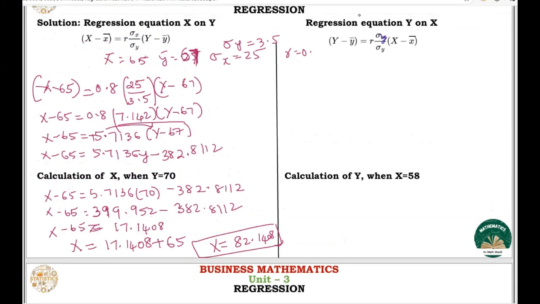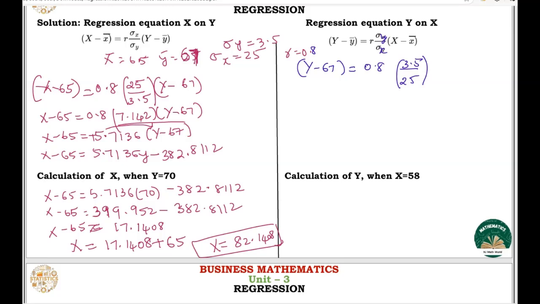Now y on x. We'll substitute y minus y bar. Y bar is 67 and r is 0.8, rho y is 3.5 divided by rho x is 25. When you divide, 3.5 divided by 25 is 0.14.